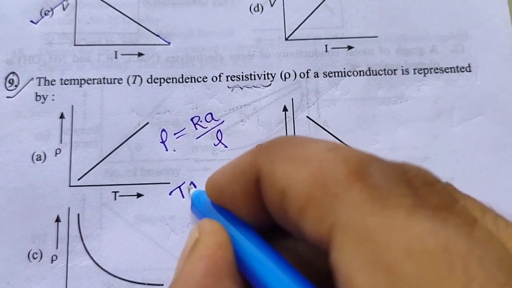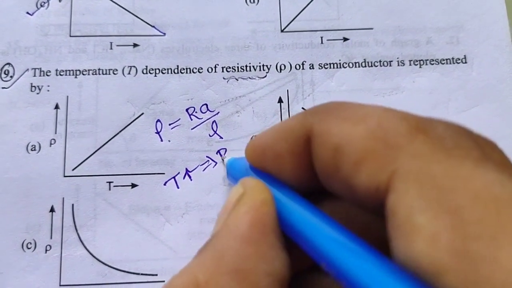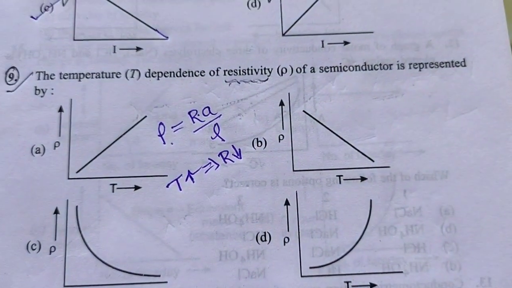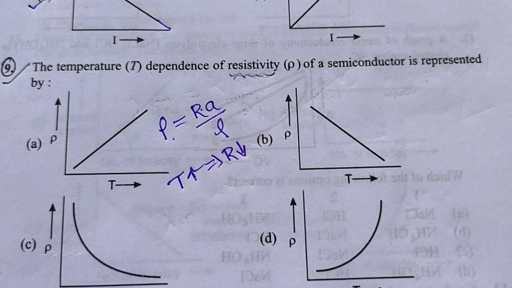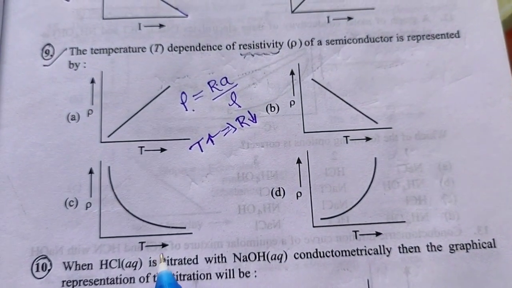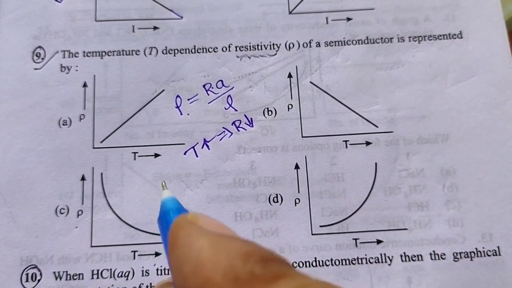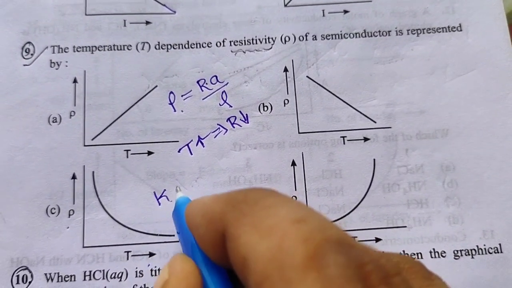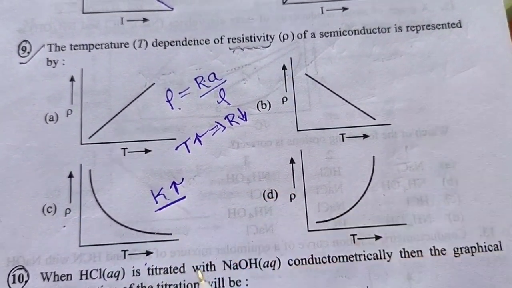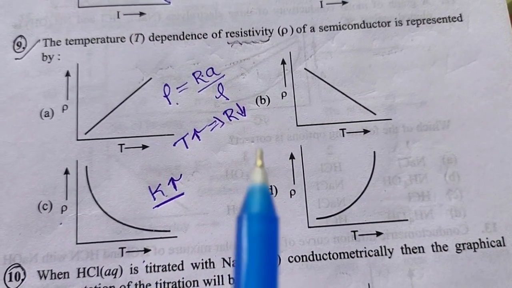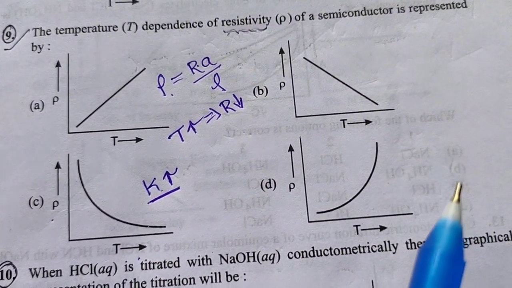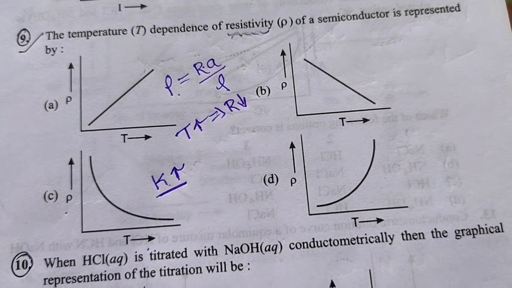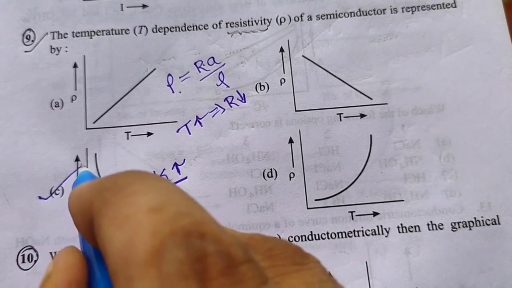So as temperature increases, resistance decreases for semiconductors and electrolytic conductors. So temperature increases, resistance decreases, so conductivity increases. So resistivity or specific resistance decreases with increase in temperature. This is the correct relation.